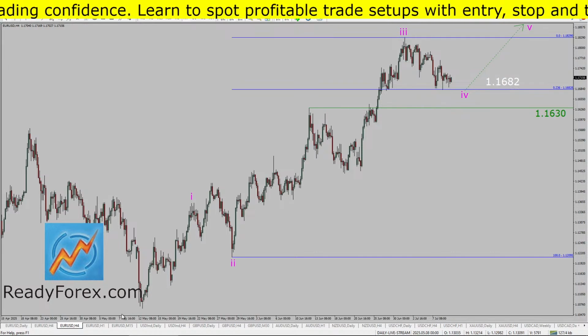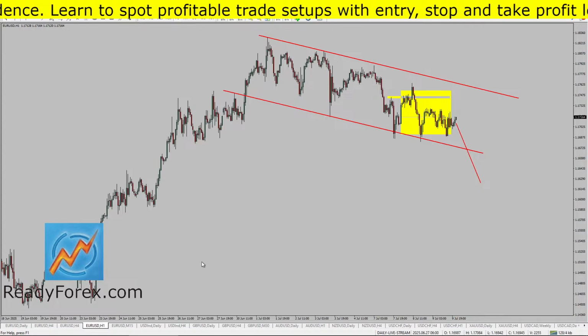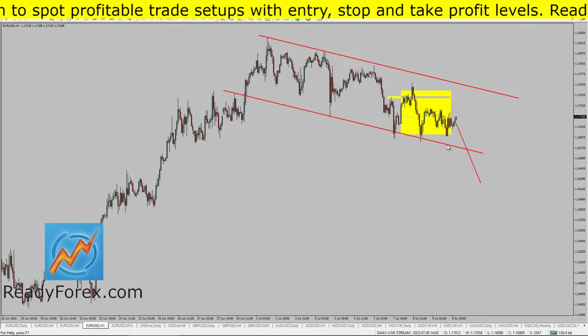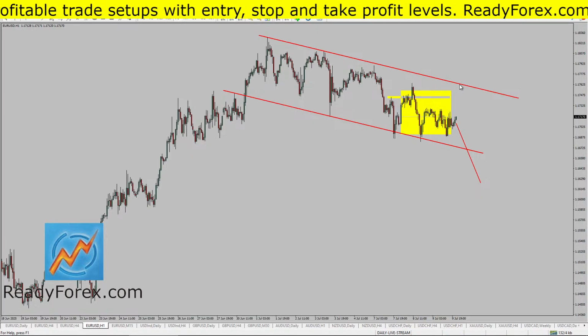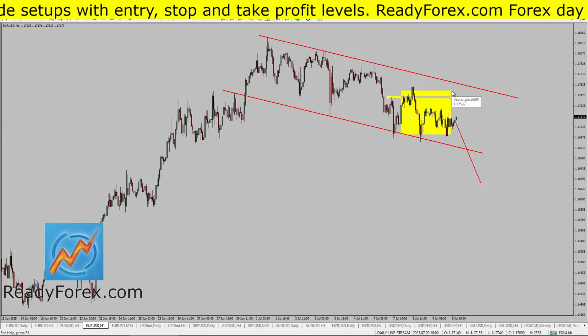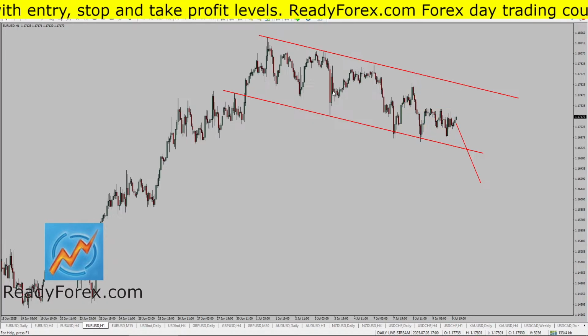Next, let us take a look at the 1-hour time frame. Right now price action is moving inside this bearish trend channel, and if the market wants to go up, then we should get a bullish breakout. Let me show you what I mean by that.